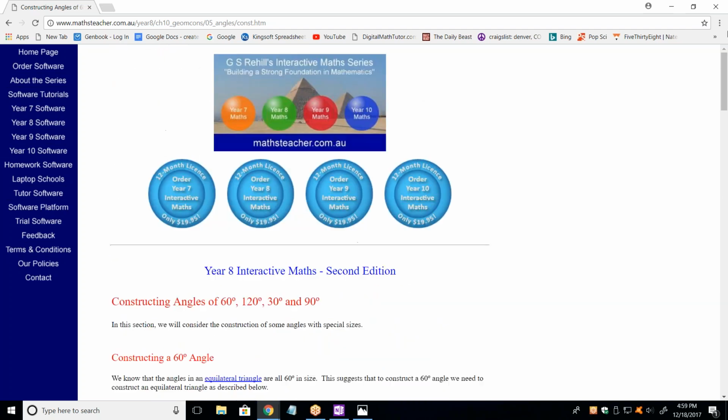And this actually is not what I had the other day up, but this one is actually helpful. This was the only one I could find that helped me construct a 30-degree angle. I didn't know how to do that until I found this page. You have to start with an equilateral triangle.